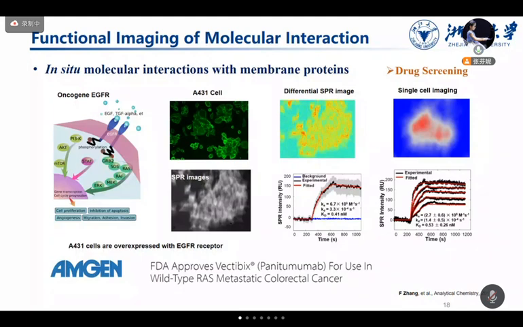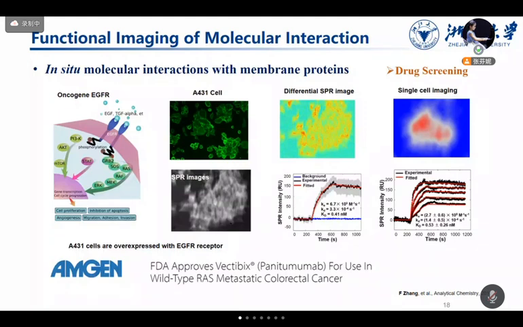We use the A431 cells, which overexpress the EGFR receptor. We are trying to screen an antibody drug which can block this target, which will stop the cells from continuing to grow and so cure the cancer development.